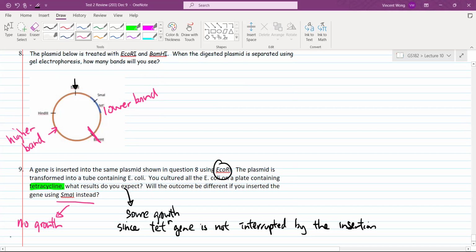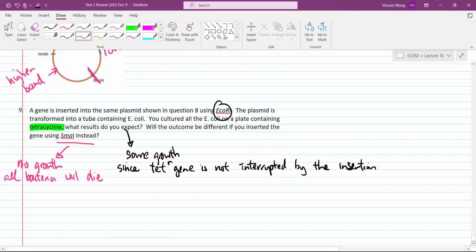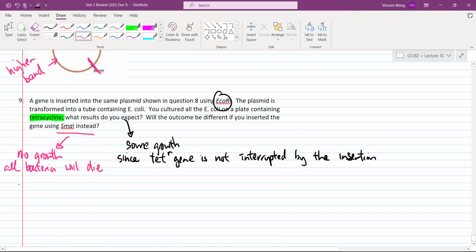No growth. All bacteria will die, regardless of whether it accepted the plasmid or not.